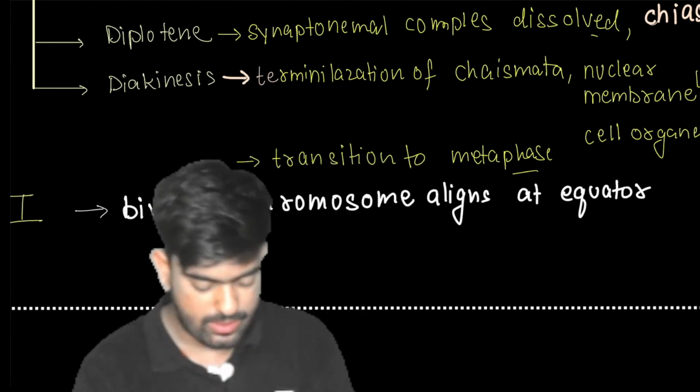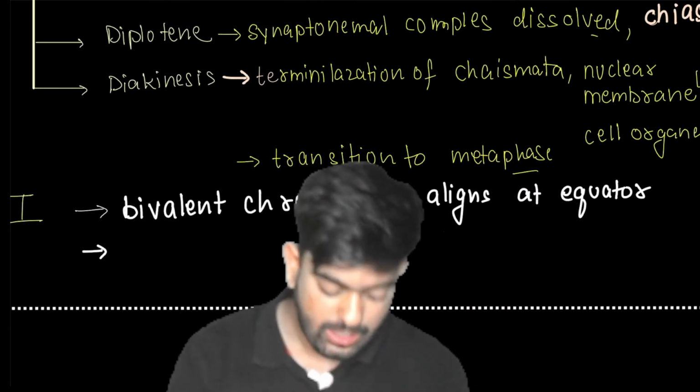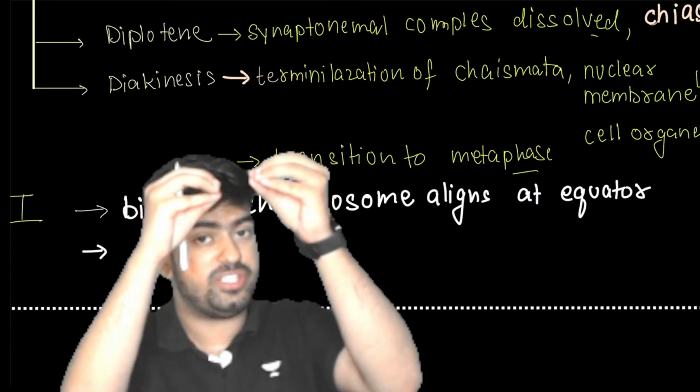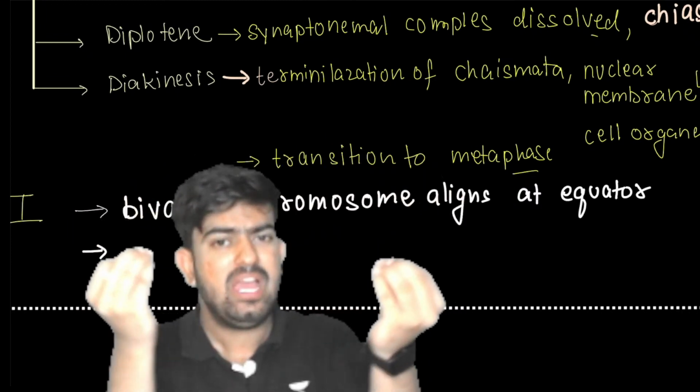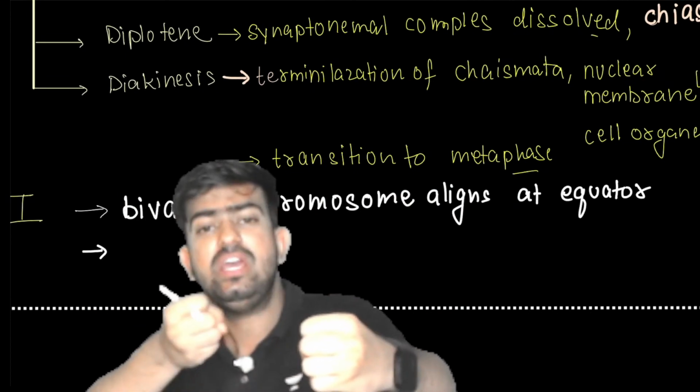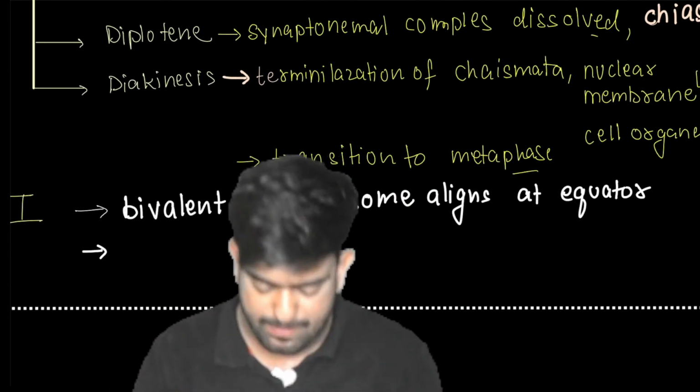Okay, and then what is happening? Remember in metaphase of mitosis, the spindle fibers generated by the centrosomes came and joined at the kinetochore and pulled apart each other in anaphase. A similar thing is happening here also.